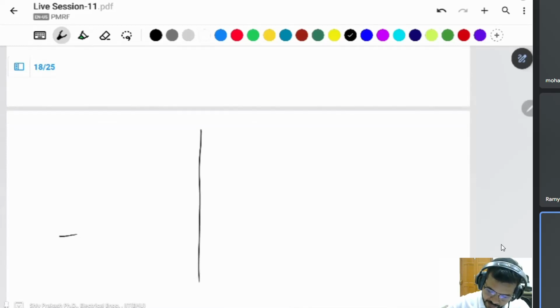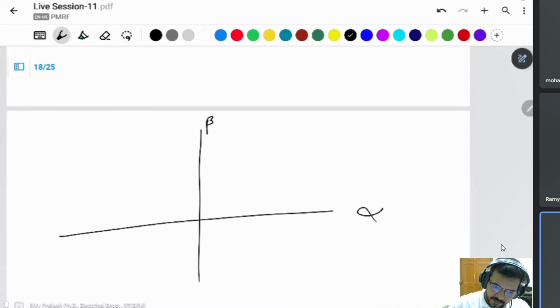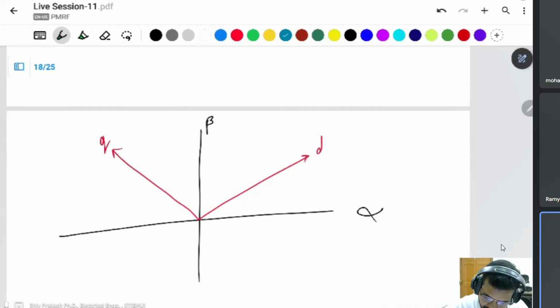If you have alpha beta and a dq axis, suppose you have some voltage space vector Vg and some Ig. By the controller you can eliminate any one.